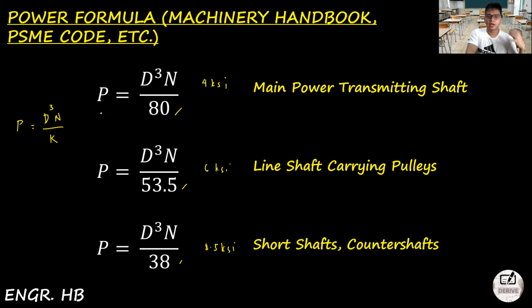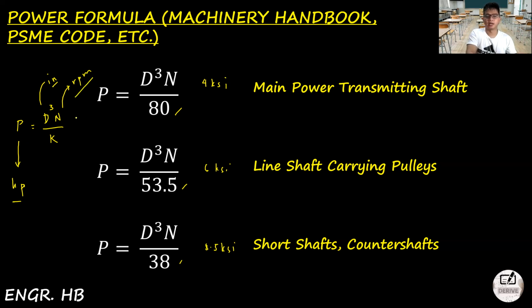So ito lahat is for power, for unit of horsepower. So kailangan yung diameter mo is inches daw pag pinasok, and yung N mo or the shaft speed is in RPM. In order for you to have a power in a unit of horsepower, your diameter should be in inches and your shaft speed should be in RPM. So wala tayong metric for this.